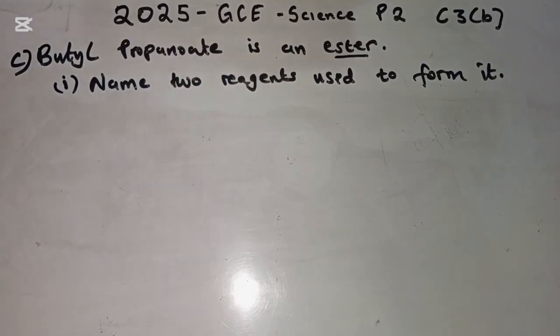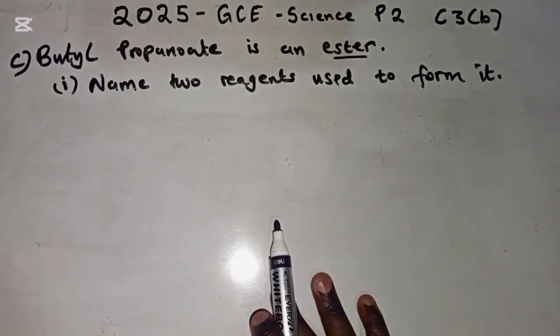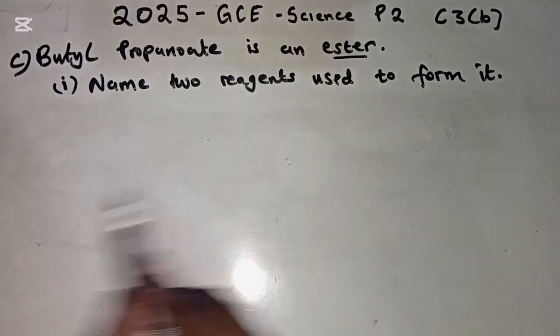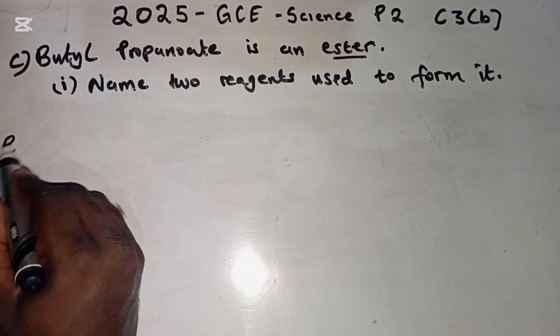We have about 5 homologous series: alkanes, alkenes, alkanols, carboxylic acids, and then esters. It's not really a good idea to just memorize definitions, so before we answer this question, let us understand what an ester is.